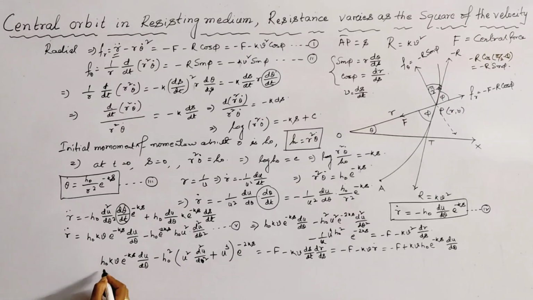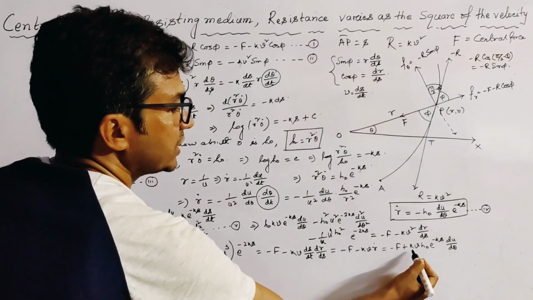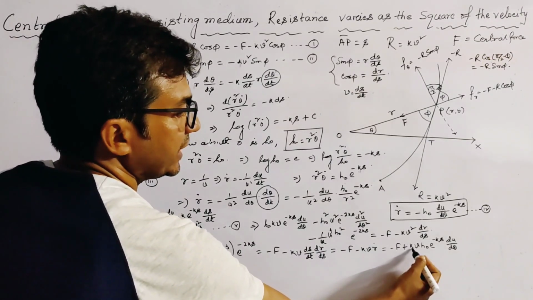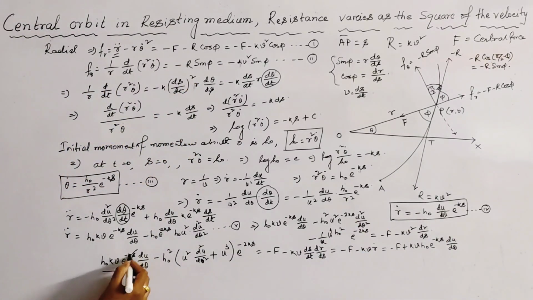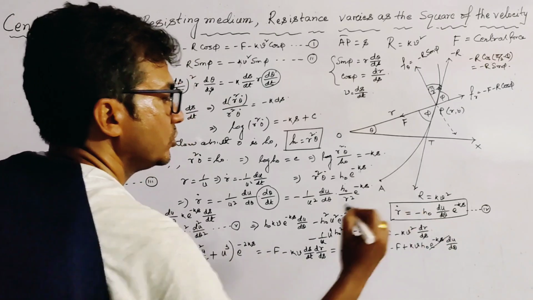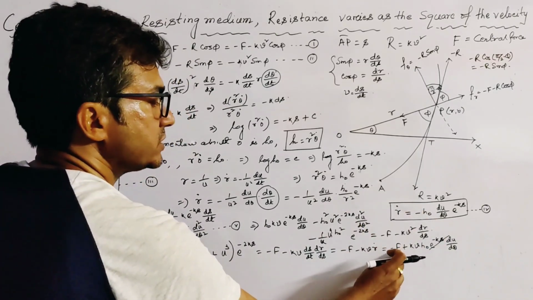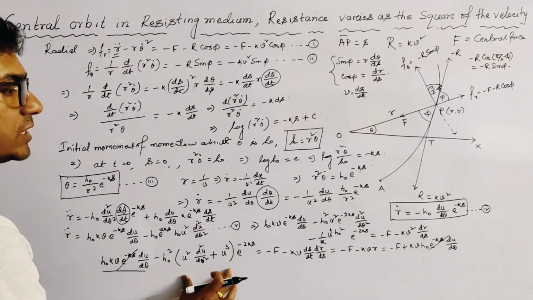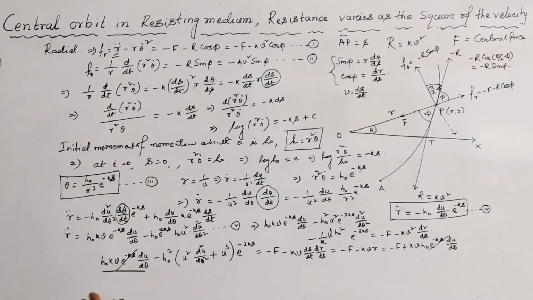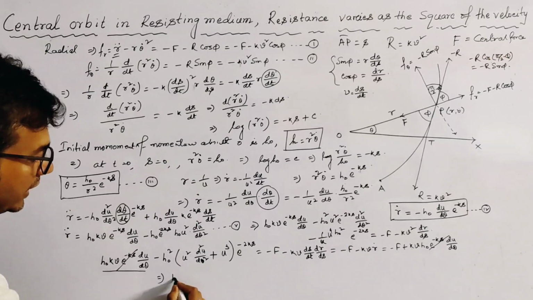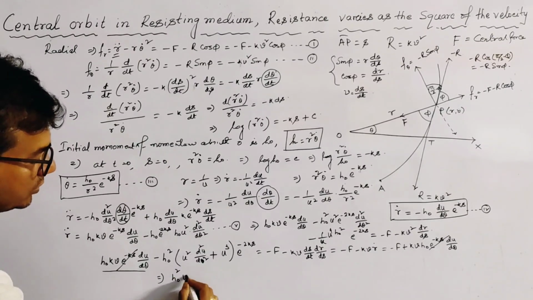Now we see that this term, h0 k v e to the power minus ks du d theta, and also this term on the right hand side, k v h0 e to the power minus ks du d theta, these two terms cancel out. So there remains minus f and there remains this term. We cancel out minus from both sides and we get h0 square into u square.